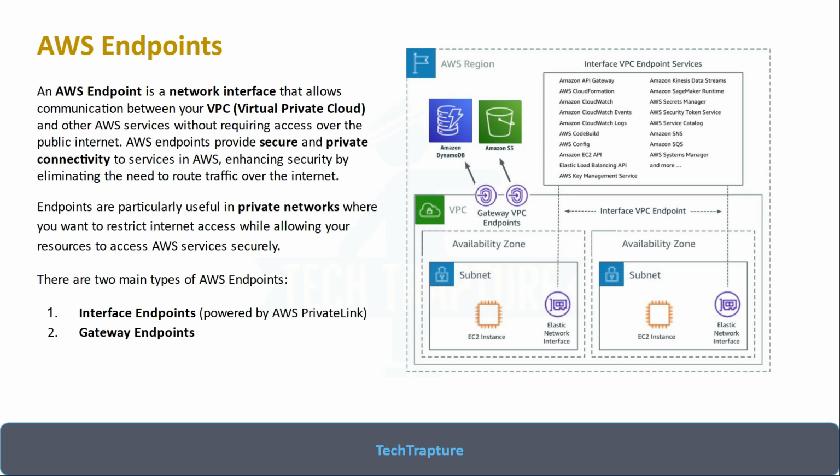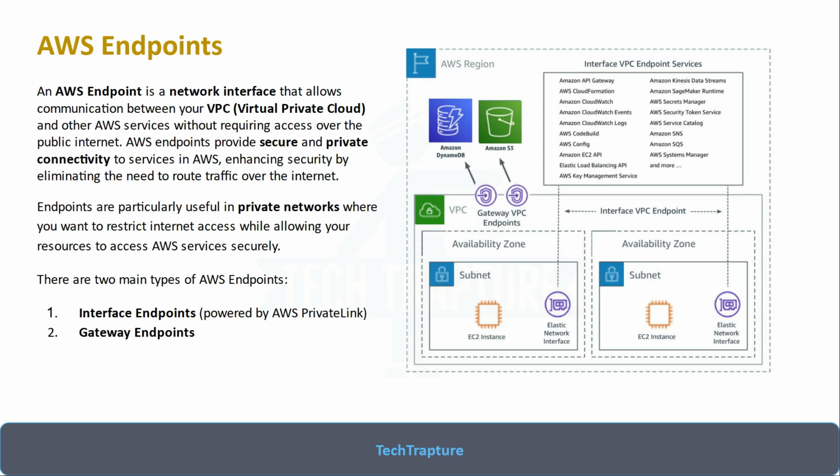Ideally it would require internet, because whenever you try to access S3, the traffic will go over the internet. But both are AWS services, and I don't want egress charges. I don't want to expose my resources to the internet. So what is the way? We just want to access internally because both are in the AWS network. In that case we have the option of an AWS endpoint.